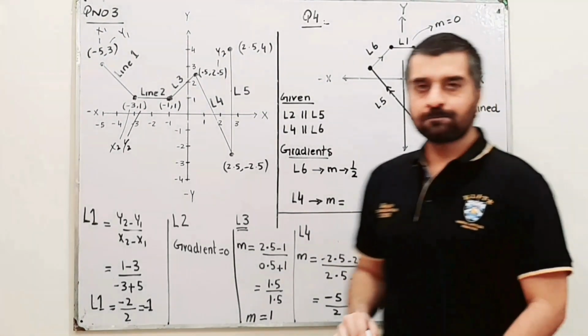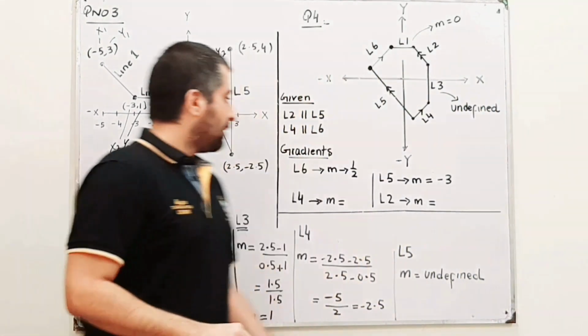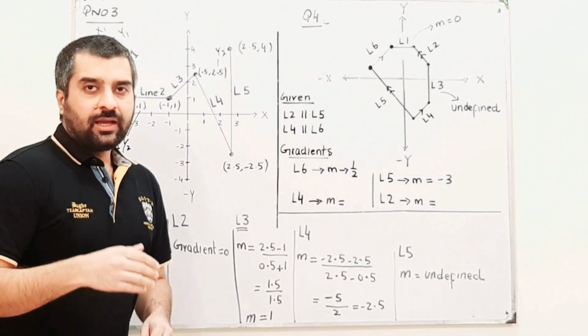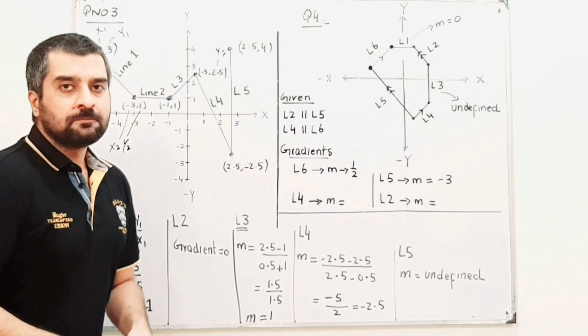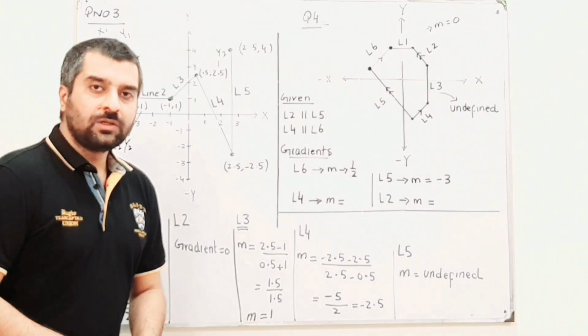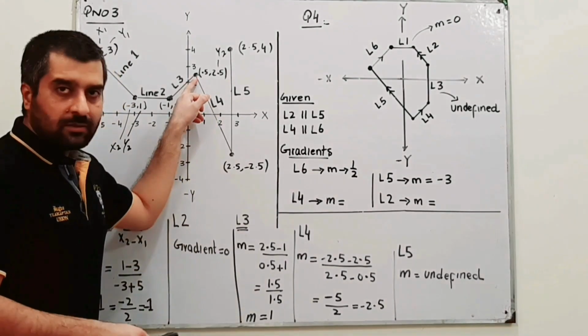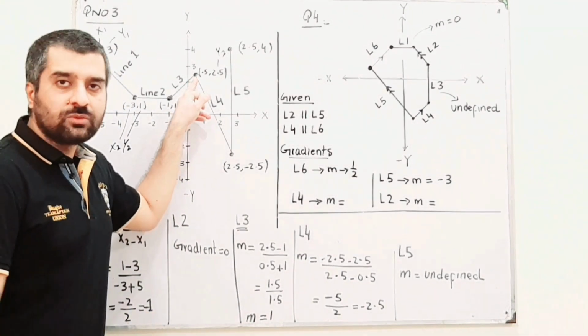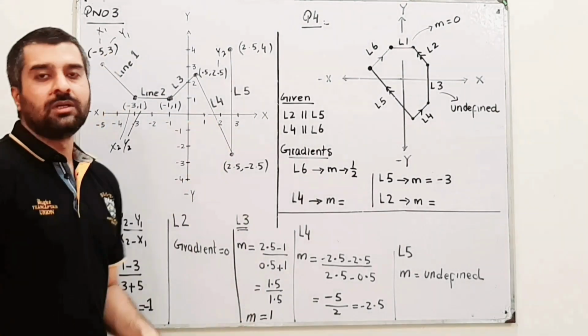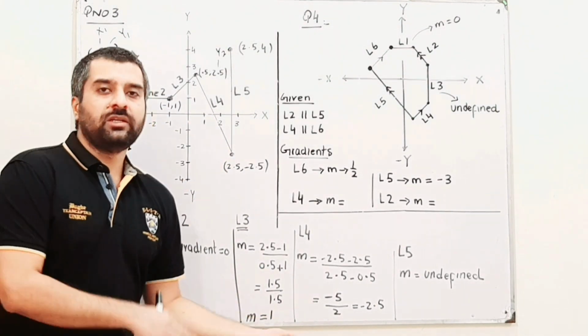Line 4 has got some gradient obviously. Consider 2 points on line 4. This point may be the starting point according to me, and this one is the end point of this line number 4. Mark the coordinates of these points.